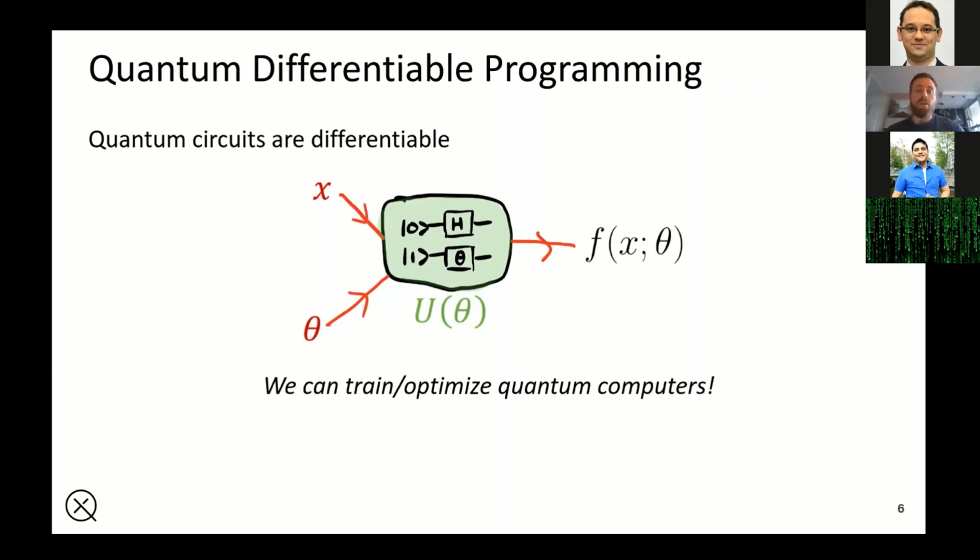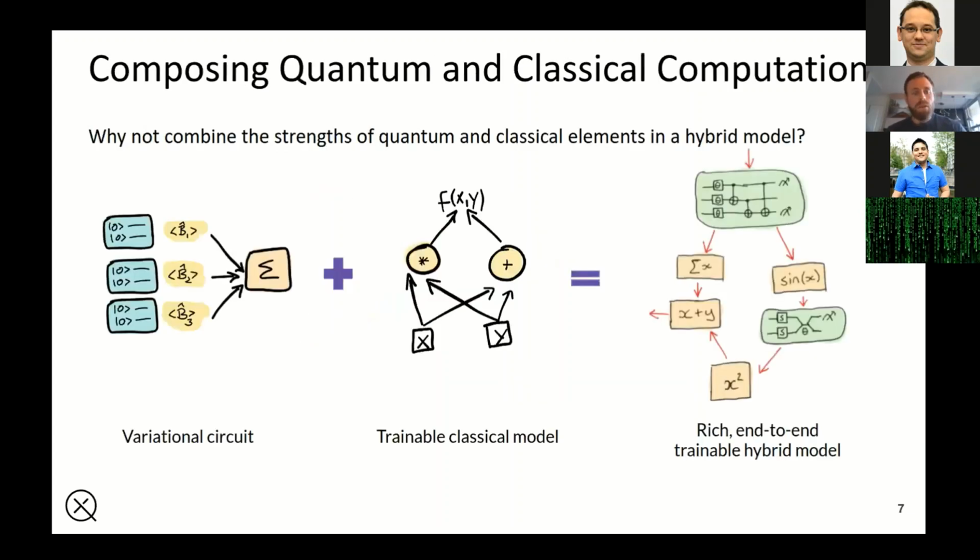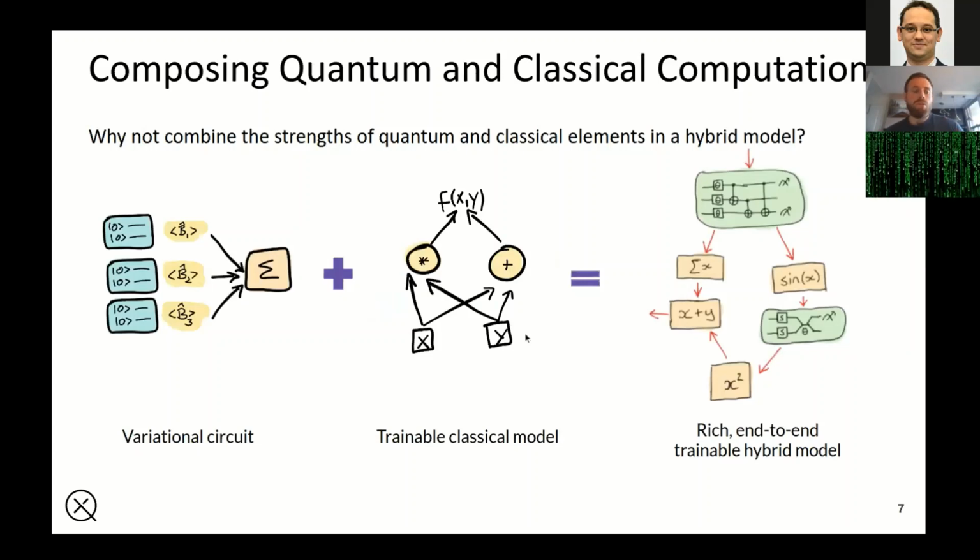Let's have a look at how we can use these quantum circuits to be trained, not just in smaller quantum circuit evaluations, but also in bigger hybrid classical networks. The idea is we can get special quantum circuits, referred to as variational circuits, and use these variational circuits with trainable classical models in order to then create bigger hybrid models.